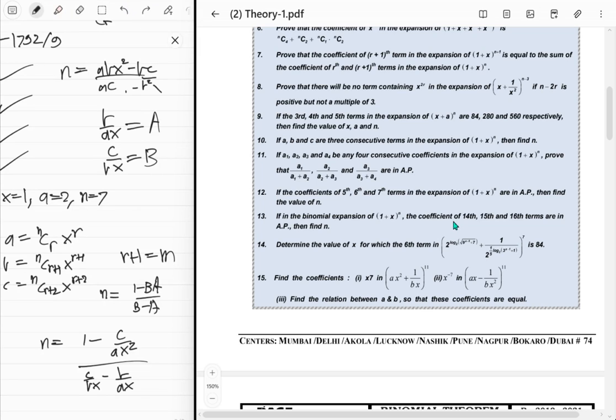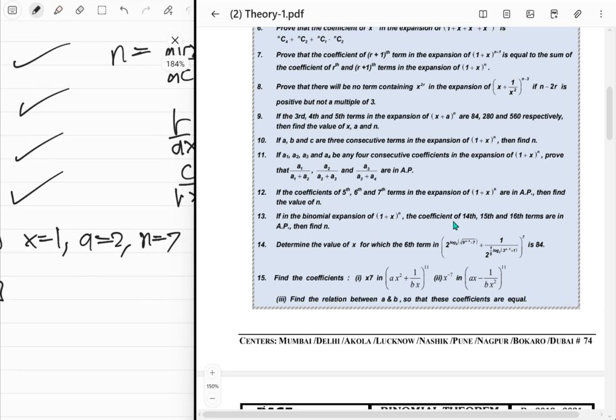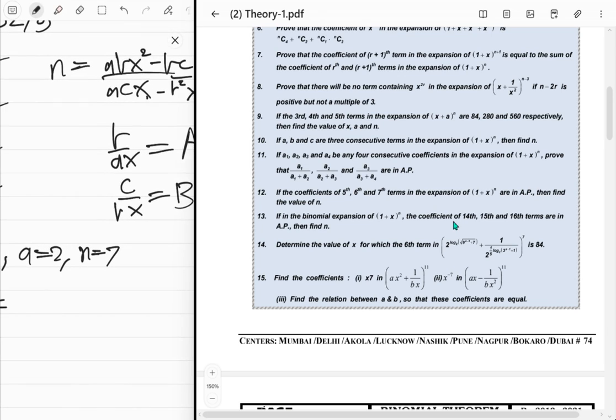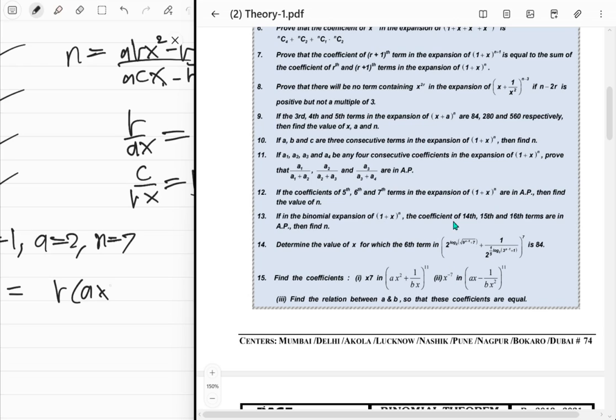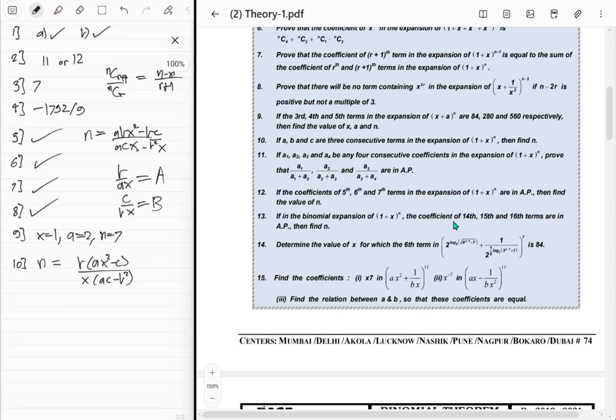Or is it supposed to be there? I think it's supposed to be there. Yes, it's just x like that. So now we got the expression. We can delete everything else and write that in there. So n is just, why do they want us to do this though? abx squared minus bc, so take b common, ax squared minus c, and that upon, you can take x common, ac minus b squared. So that's done. Let's go to 11th now.